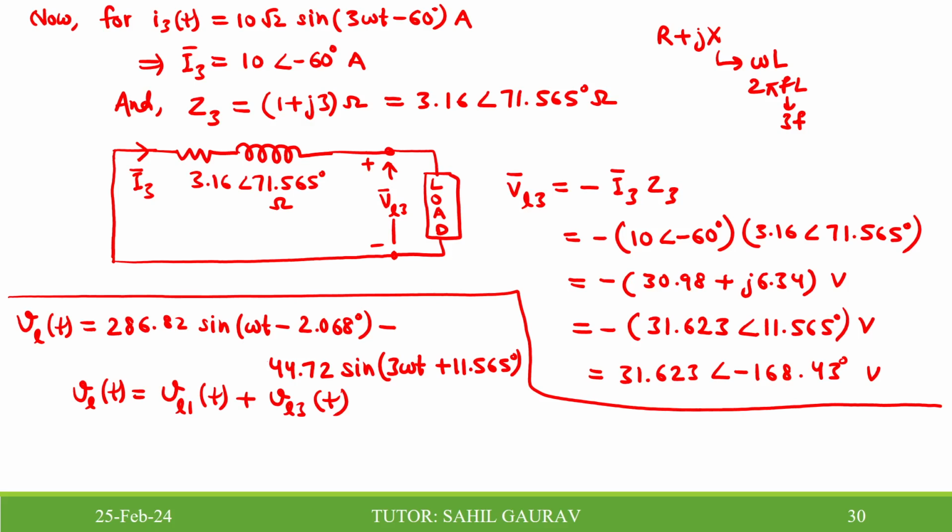Now they may ask you to find the RMS voltage across the load, VL RMS. You know that you have to take the square root of the sum of RMS squares.